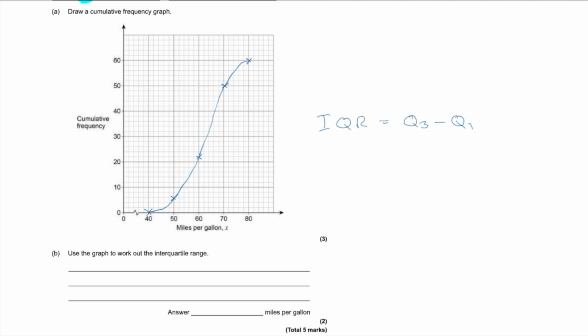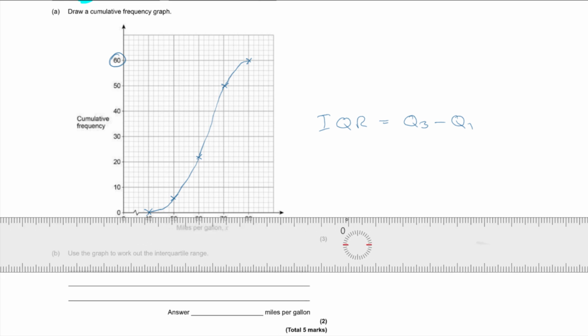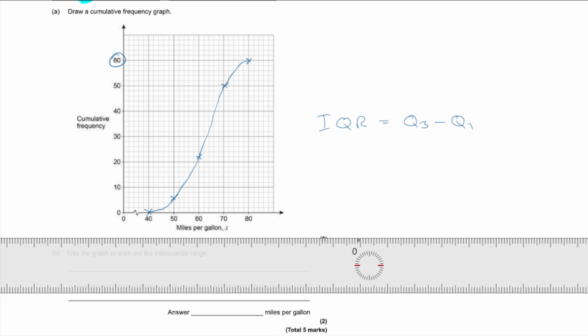Now we've got 60 values altogether, so if I take 60 and divide it by 4, I get 15. Now really when you're finding interquartiles, you're meant to add 1 before you divide, but when your number of values is large, like 60, adding 1 doesn't really make much difference. If you add 1 and divide by 4, you're going to get 15 1/4.